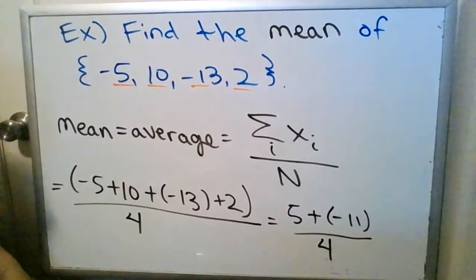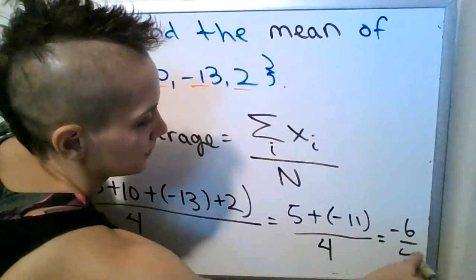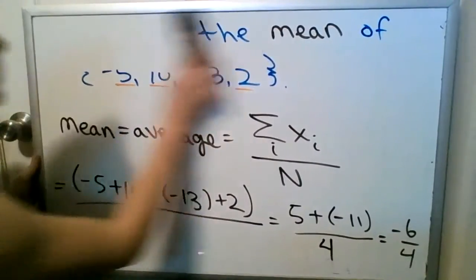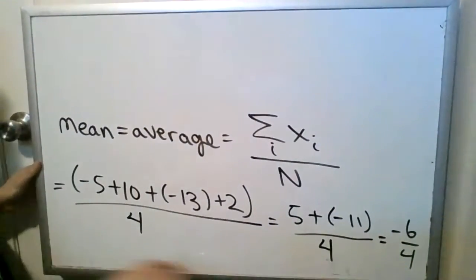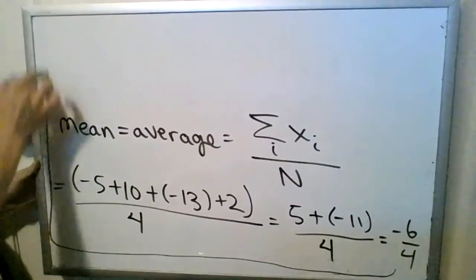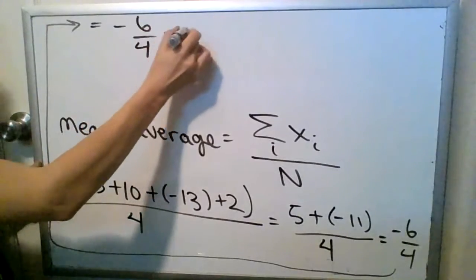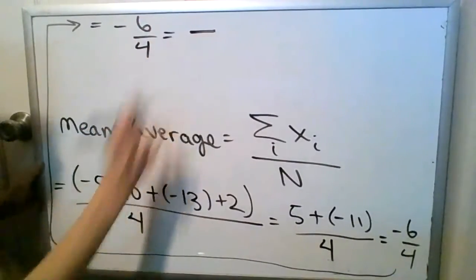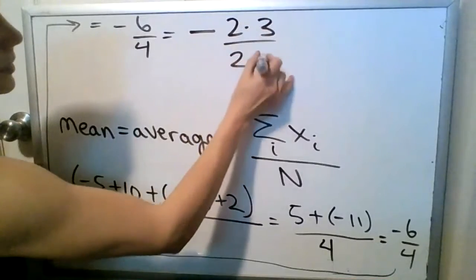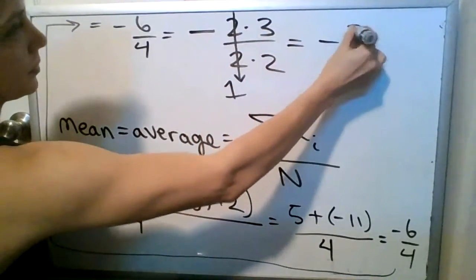So we've got -6 over 4, which we're going to simplify. So don't forget that minus sign. 6 can factor as 2 times 3. It's 2 times 2. 2 over 2 reduces to 1. And you're left with a negative 3 halves.